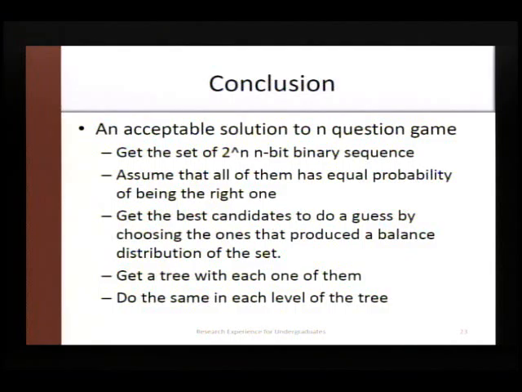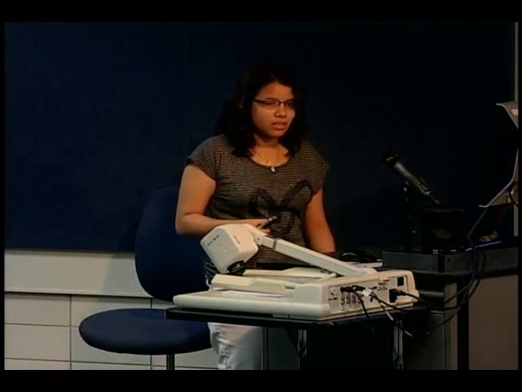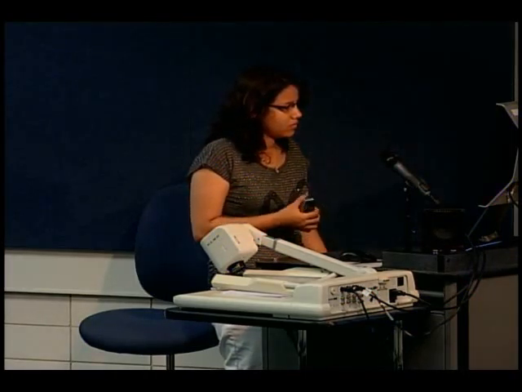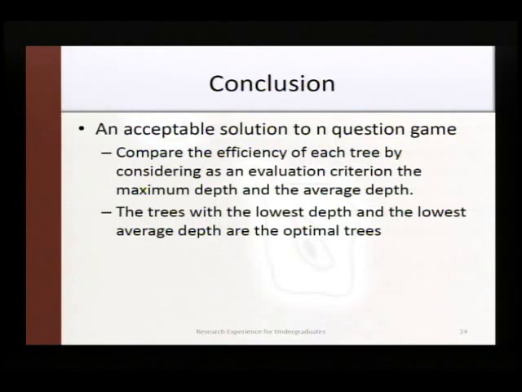Get a tree with each one of them. Do the same at each level. That is, compare with different guesses how efficient it is. The trees with the lowest depth and lowest average depths are going to be the optimal trees. And that's it.